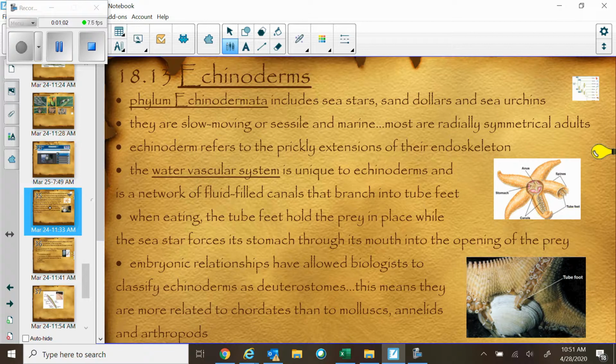So this is sea stars. We call them starfish. Sand dollars, you know what those are, and sea urchins. Basically slow moving, or even sessile, which means they don't really go anywhere. Saltwater, mostly showing radial symmetry, which, let's go back to this too.